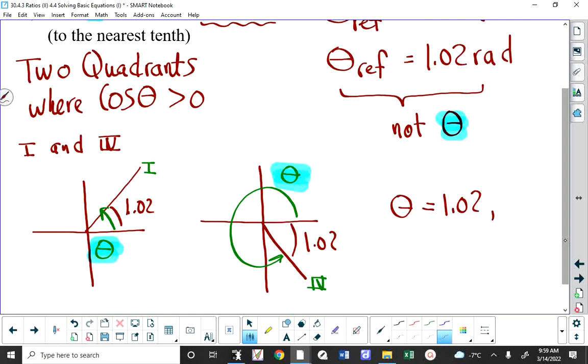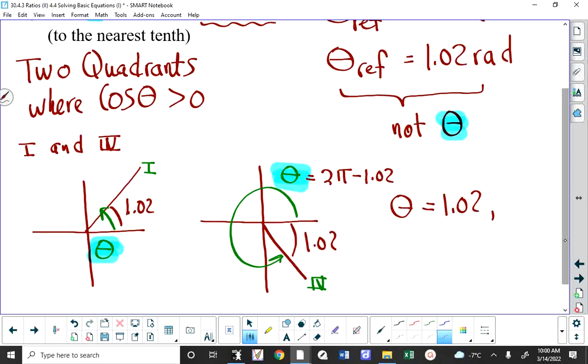We look at the second one, and this theta will be a full revolution minus the 1.02 rads. If we were working in degrees, you'd just say, well, it's 360 minus the reference angle. But we're working in radians, and a full revolution is 2 pi.